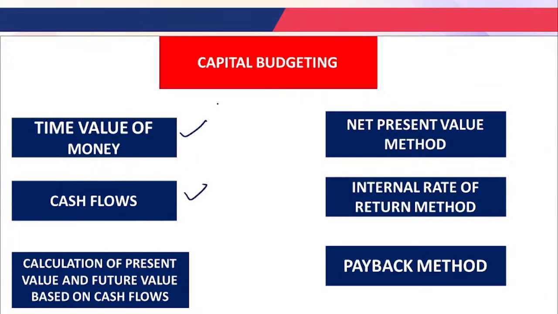Those are the only two things you have to understand for the capital budgeting chapter, and nothing else. These all are actually methods, like what we understand by the time value of money, what the cash flows are, what is the cash inflow, what is the cash outflow, and how we calculate the present value and future value based on the cash inflow.